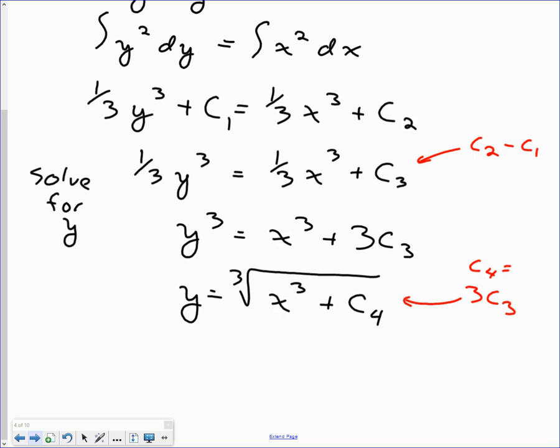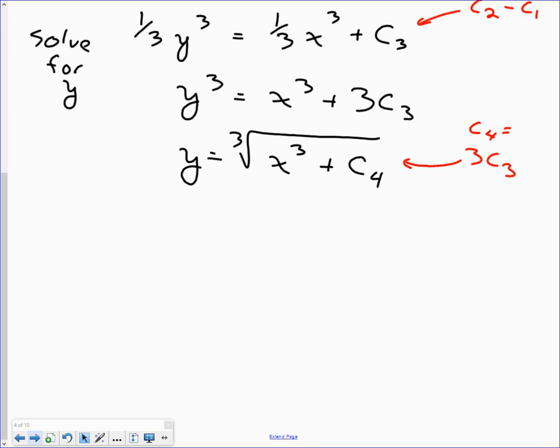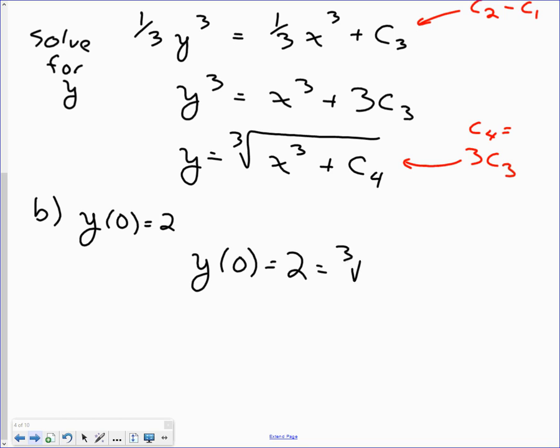Now, if we want the solution that satisfies y at 0 is equal to 2, well, we just sub in 0 here to get the cube root of 0 cubed plus C4 must equal 2.